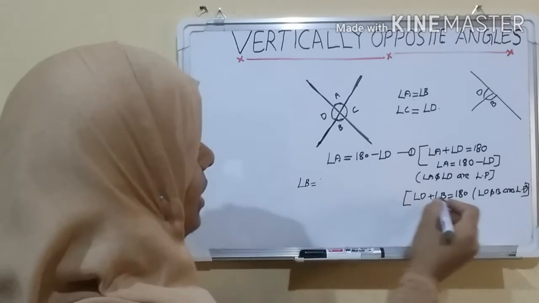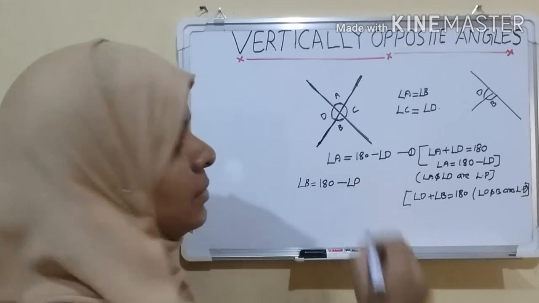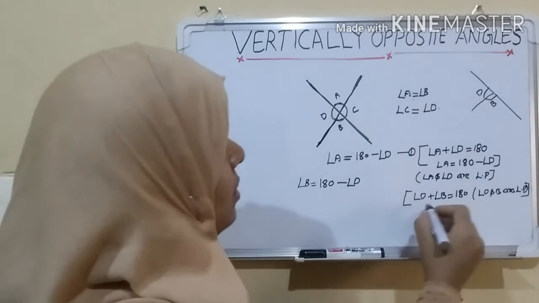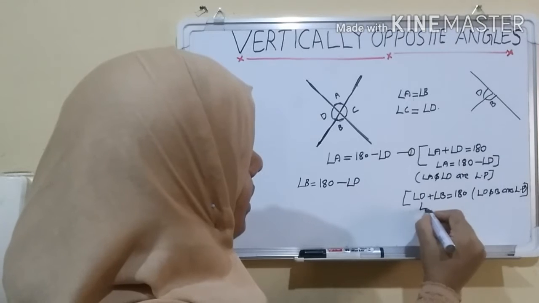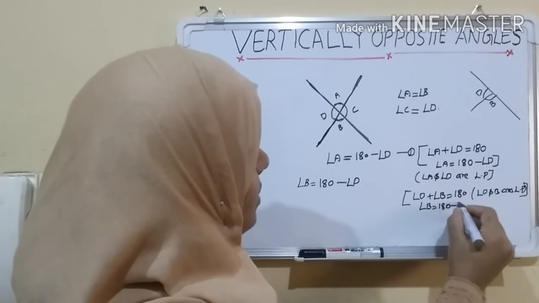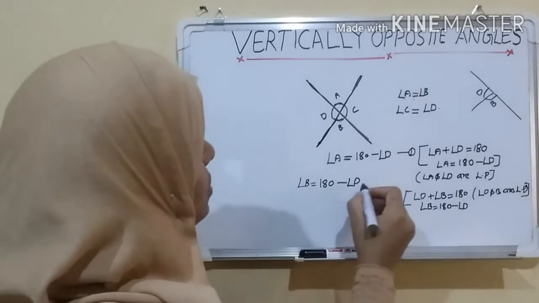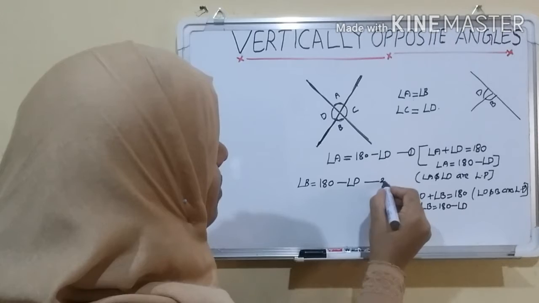From that equation, angle B equal to 180 minus angle D. Okay? So, this is the equation number 2.